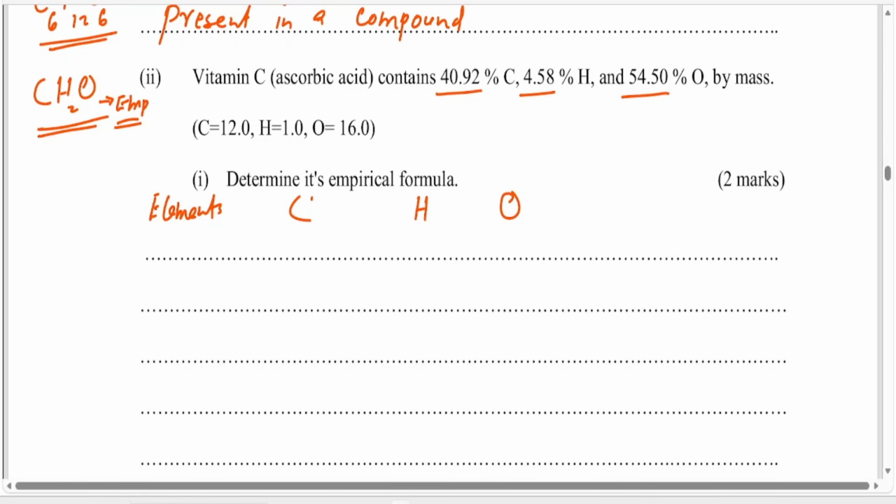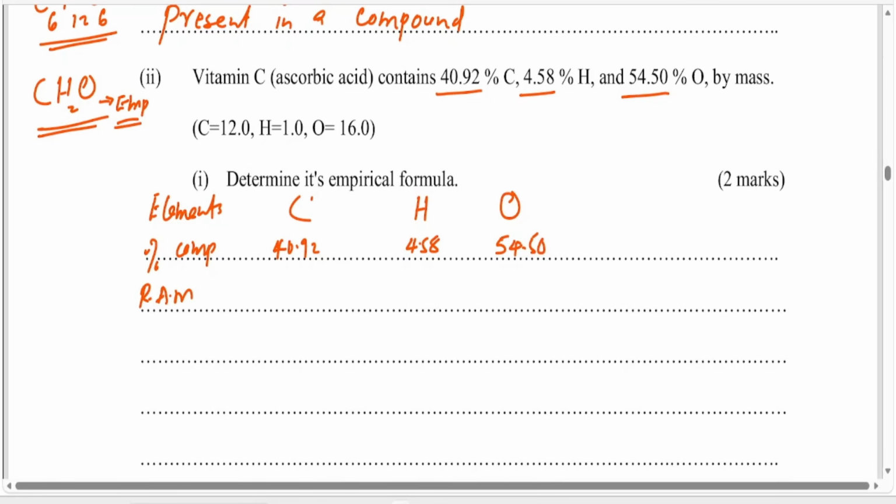After the elements, we move to the percentage composition: for carbon, 40.92, for hydrogen, 4.58, for oxygen, 54.50. After the percentage composition, we move to their relative atomic masses.